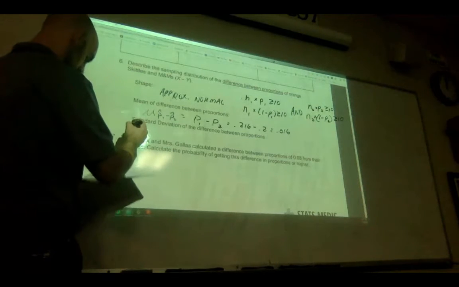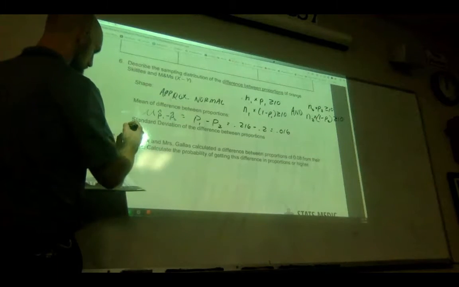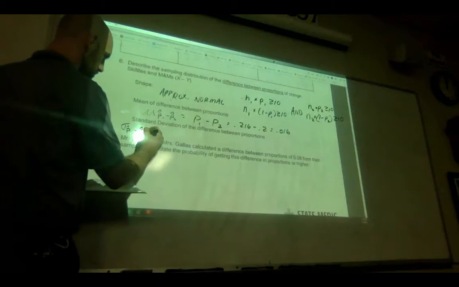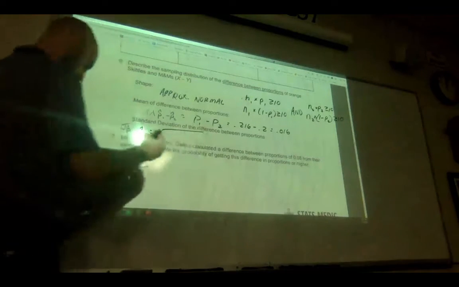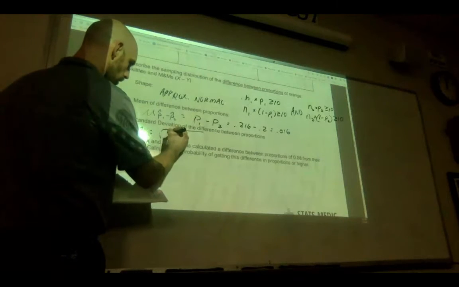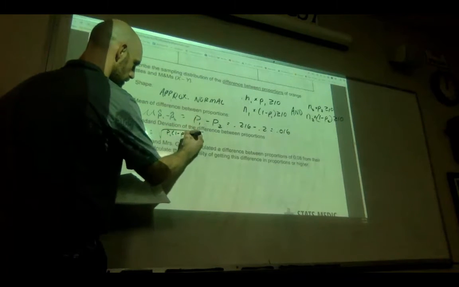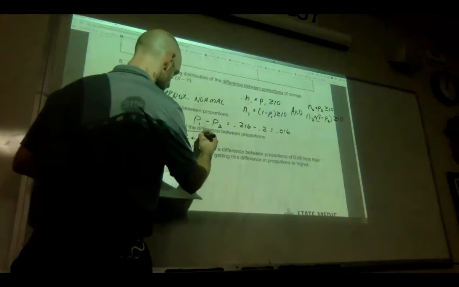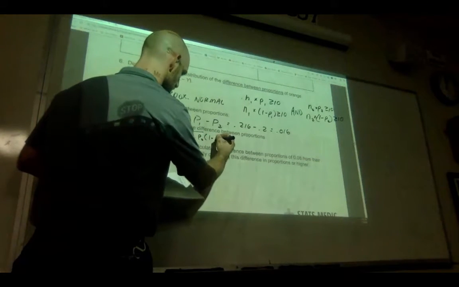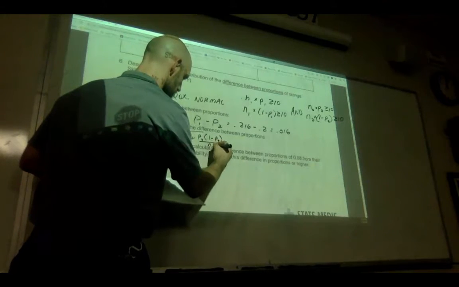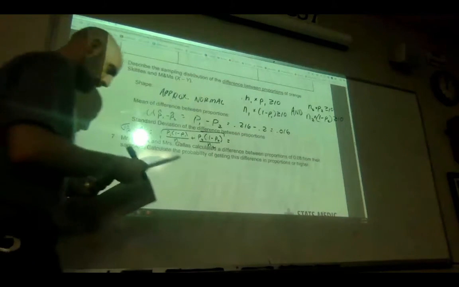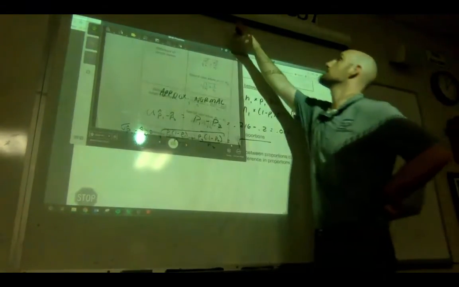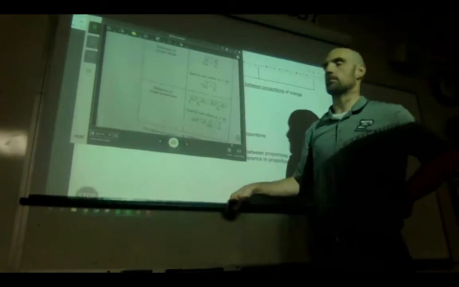The standard deviation of p hat 1 minus p hat 2 is equal to the square root of p1 times 1 minus p1 over n1 plus p2 times 1 minus p2 over n2.